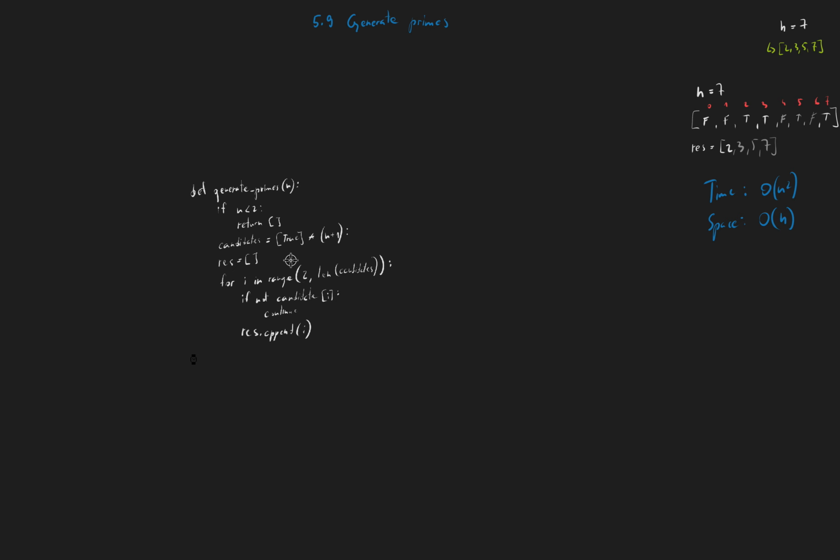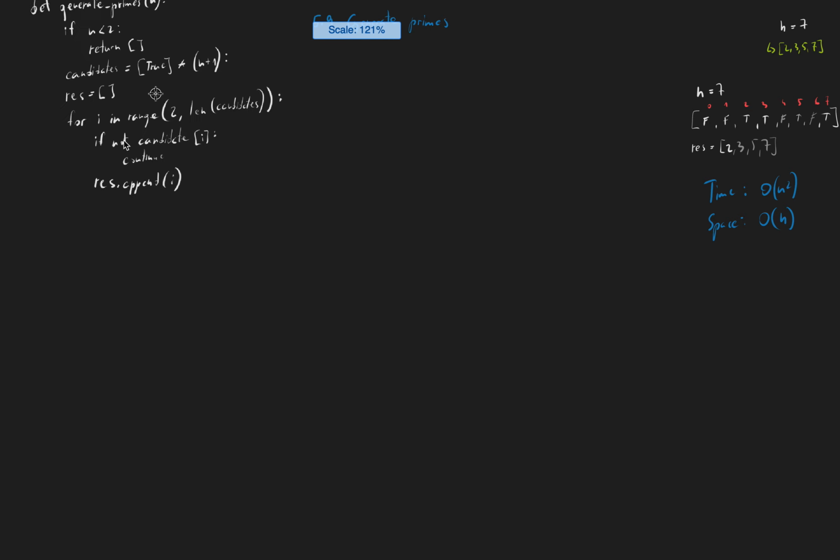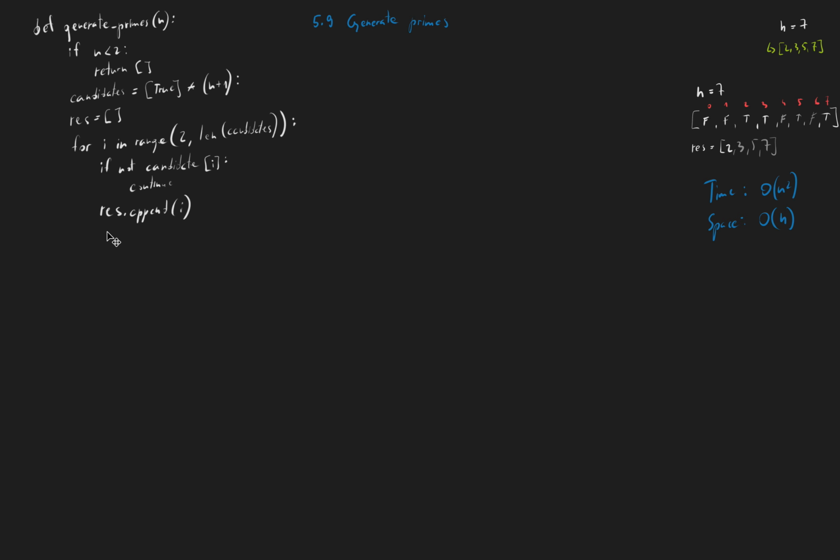And next thing we need to do is mark additional values, the multiplications of i, to set to false. So those numbers are not prime numbers. So let's do this next.